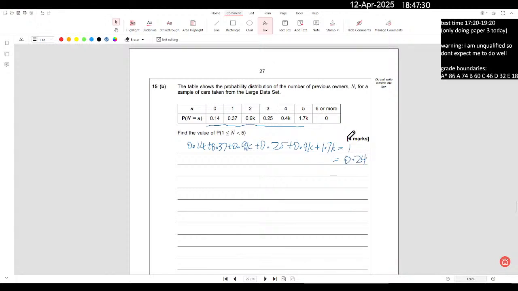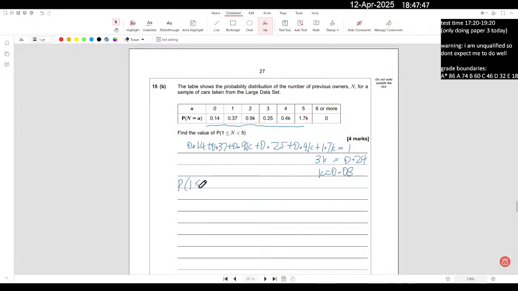So all the actual numbers add up to 0.76. All the k's add up to 3k. So k equals 0.08.